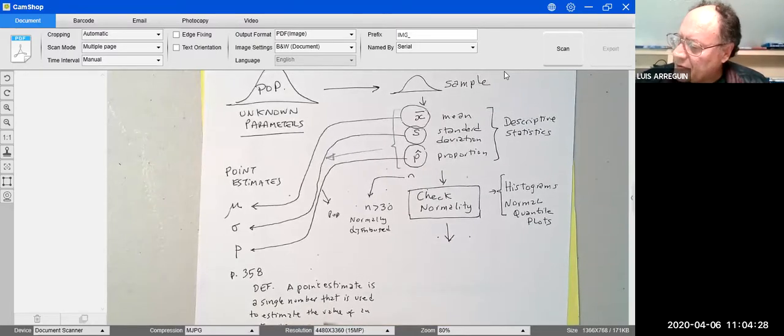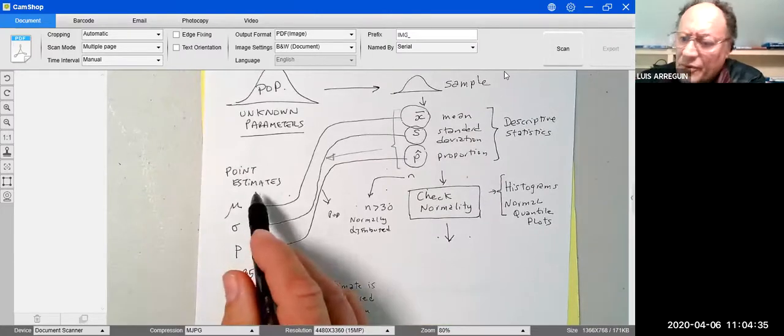So this is the purpose of studying statistics. We want to know about the population parameters. So the first step is the point estimate.